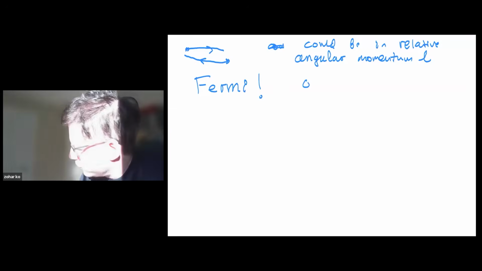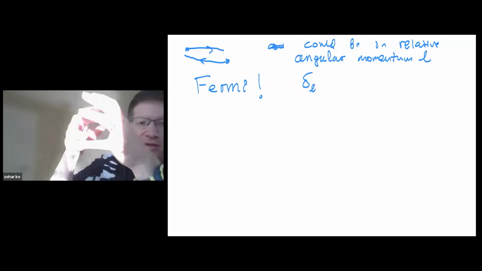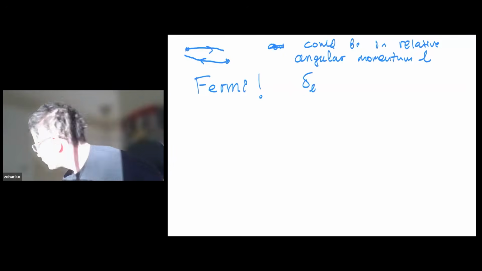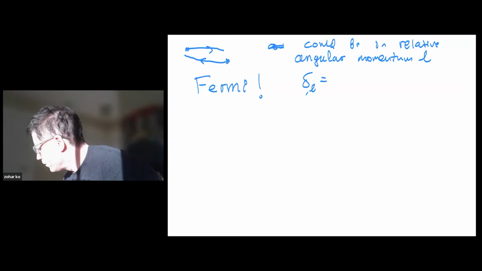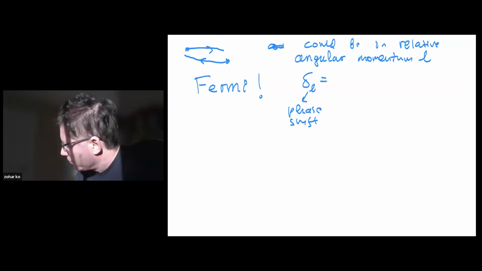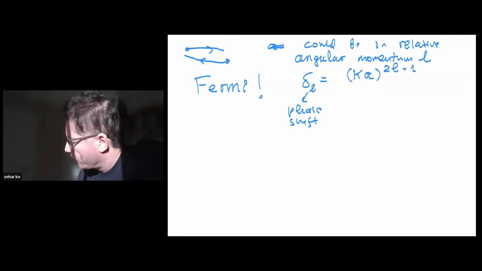The potential that I told you on the previous slide, which was short range, just a hard barrier, leads to a phase shift. This is the phase shift. It goes like the momentum times this distance scale that we called A to the power 2L plus 1, up to combinatorial factors.